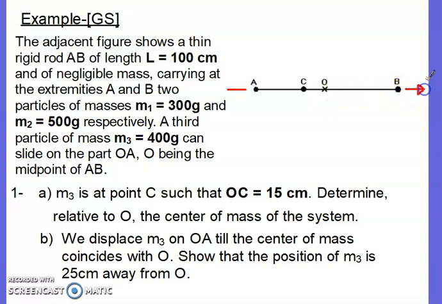That's the simplest way to determine G. This is the abscissa x, and this is the ordinate axis y. And as you see, all the particles A, C, O, and B are collinear along the x-axis. They don't have an ordinate component, right?